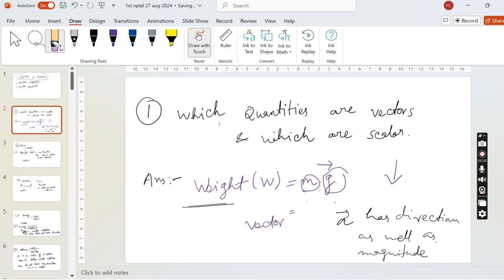So we can say that weight is a scaled gravity, scaled because of the multiplication by the mass. Gravity is an acceleration towards the center of the earth, and it has the same dimension as acceleration. So weight is mass into gravity, and weight is also a vector.